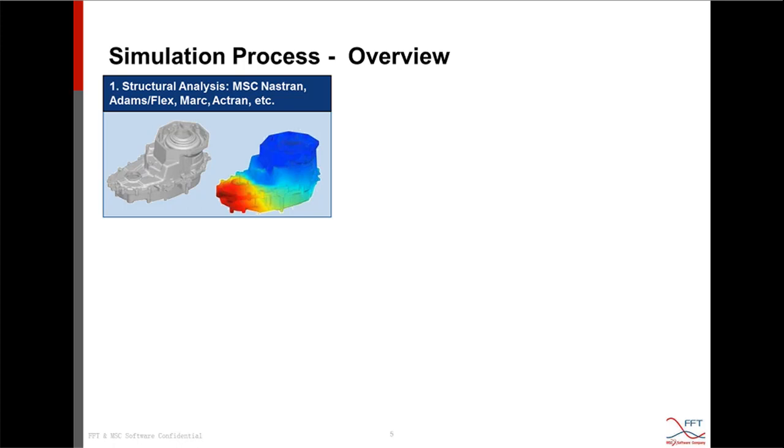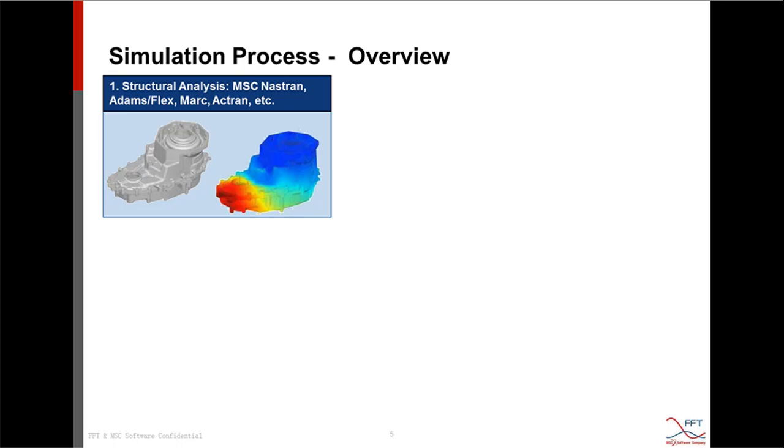In the first step, we will perform a structure analysis using a typical FEA tool like MSC, but also tools like ADAMS involving flexible bodies, or MARC for some nonlinear issues, or even Actran. As you know, in Actran we also have a structure solver.